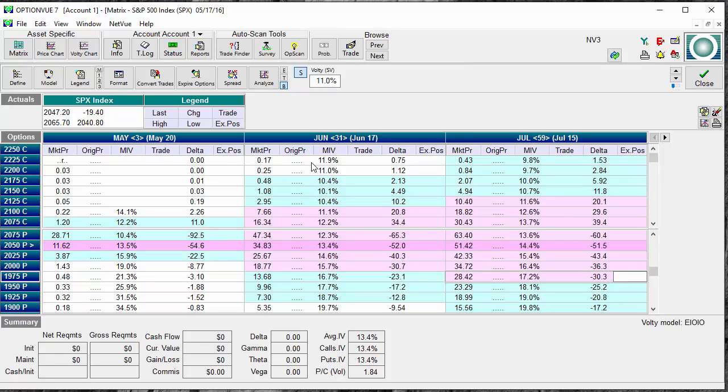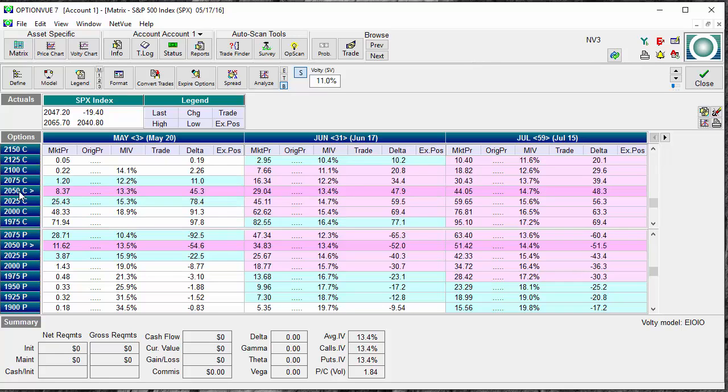But the definition is a calendar trade has to have the same strike price utilized, and it has to have a short option expiring before a long option. If you did the reverse, then what you are doing is you are naked selling options.